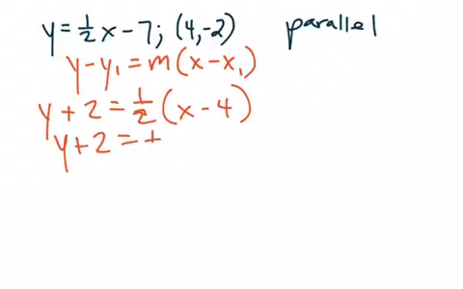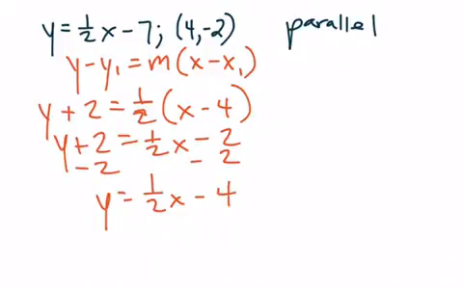Distribute the 1/2, and subtract 2. So we end up with y is equal to 1/2 x minus 4. So once again, that is the line which is going to be parallel. These two are the two lines which are parallel.